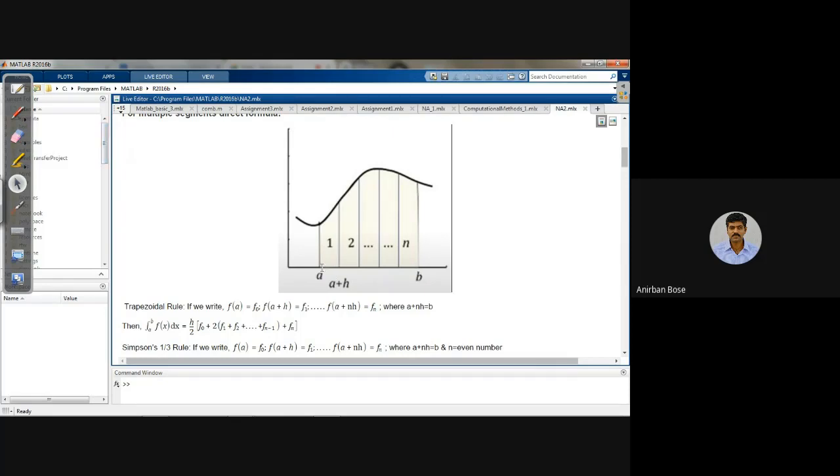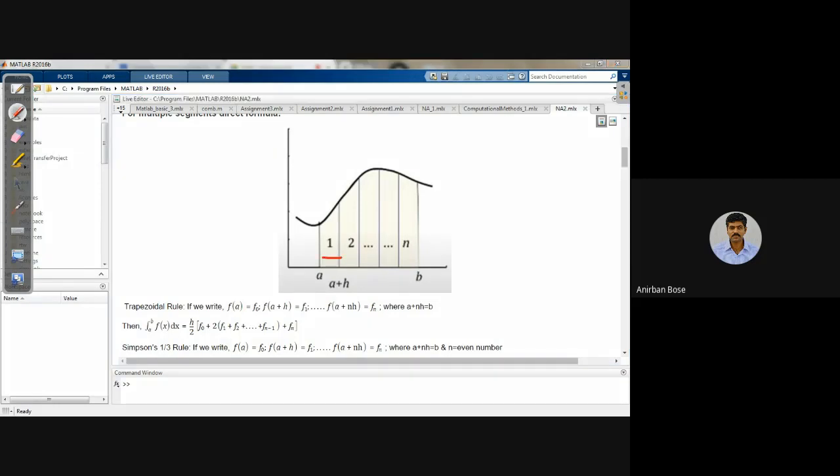So here you can see, instead of a single segment, we have divided the whole interval into n different segments. This is the first segment, this is the second segment, third segment. In this way, a total of n segments. What is the x value corresponding to this point? a plus h. The x value corresponding to this point? a plus 2h.